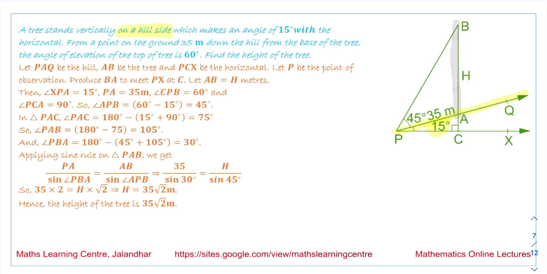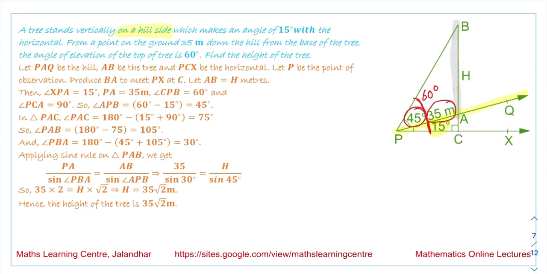From a point on the ground 35 meters down the hill from the base of the tree, the angle of elevation of the top of the tree is 60 degrees. So this remaining angle is equal to 45 degrees. Find the height of the tree.